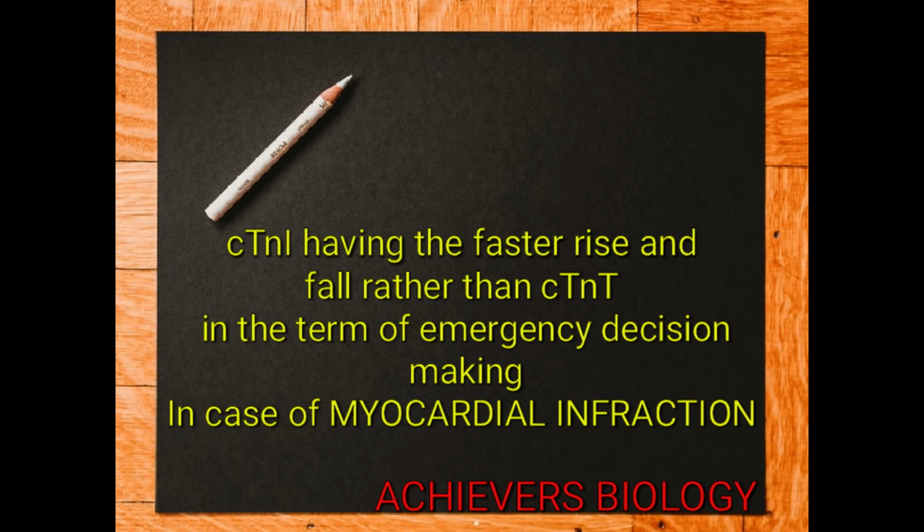Release of Trop T signifies myocyte damage, whereas Trop I releases in case of necrosis. So here we can find that the elevation level of Trop T more than Trop I signifies the myocyte cell damage or death of these myocyte cells, whereas the elevated level of Trop I also signifies necrosis.